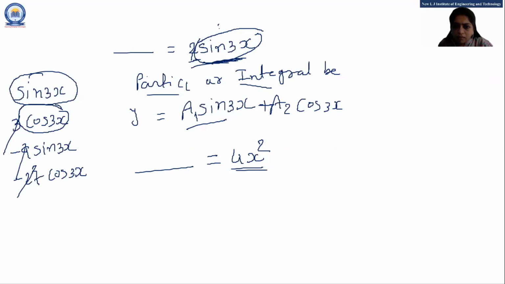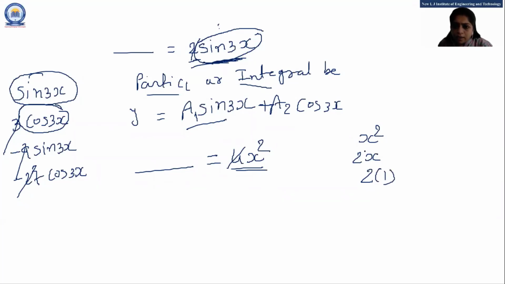In the family, we neglect this 4. In the family of x square itself, the derivative of x square is what, students? 2x. And then again the derivative of 2x is what? 2 only, right?